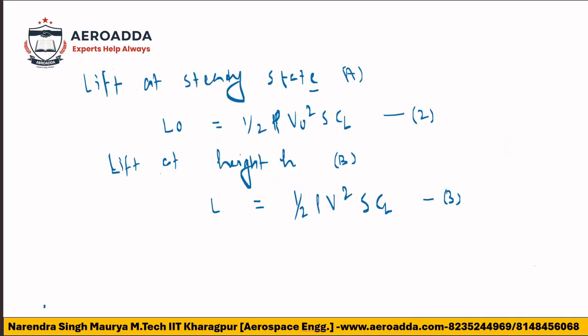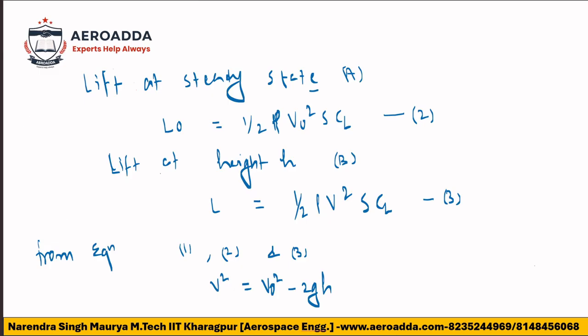Then what will you get? From equation 1, just write it. What will you get? Because you already have V square is V naught square minus 2gh. The value you have, correct?